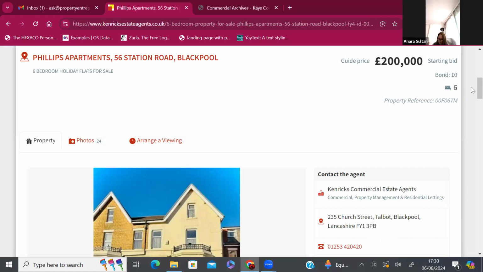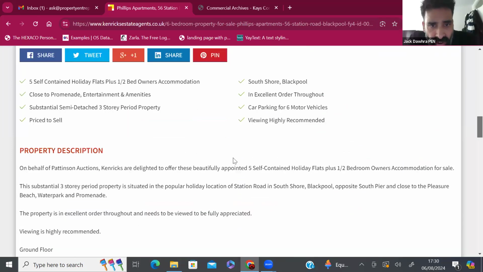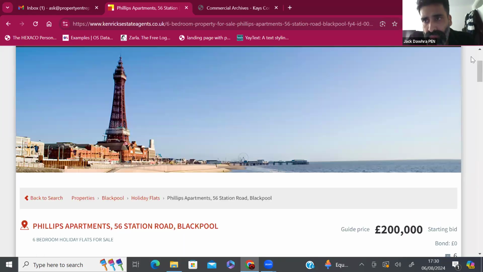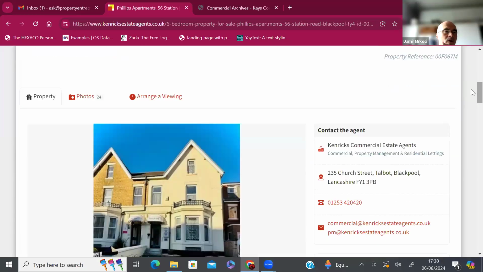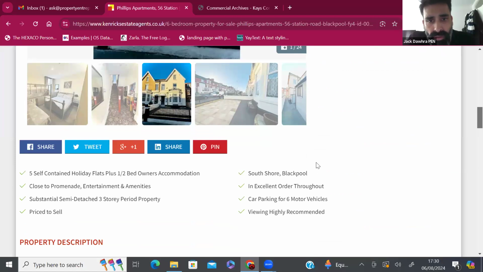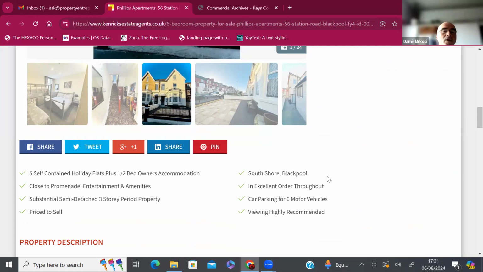On the 6 units, if you charge even £100 a week each unit, that's £600 a week, times 50 weeks a year, not even 52.